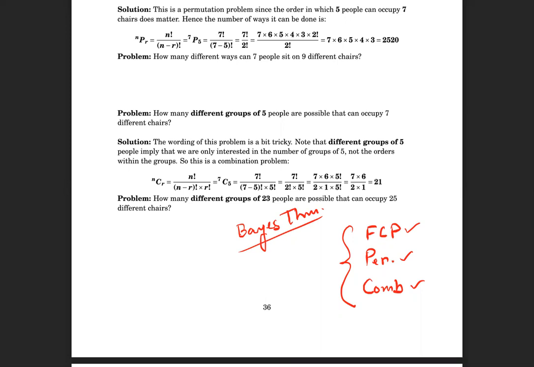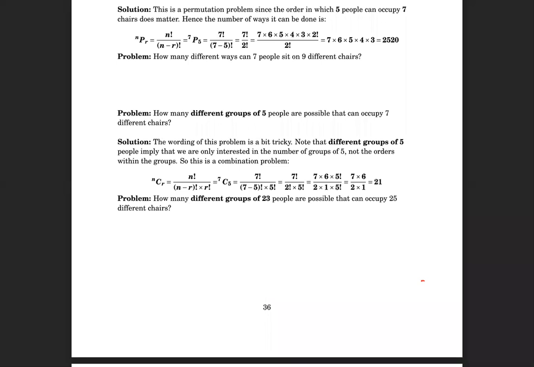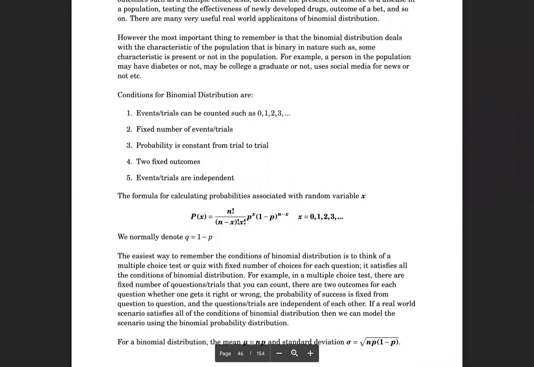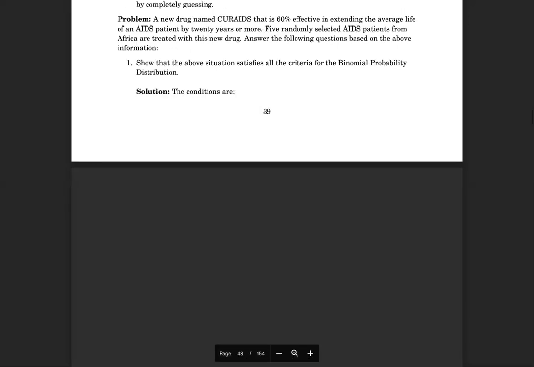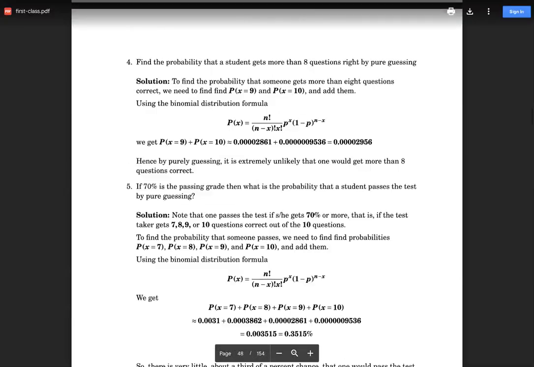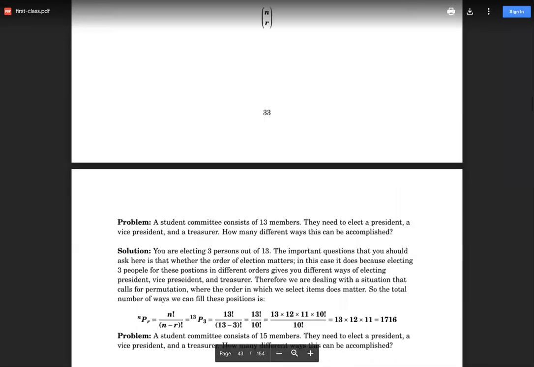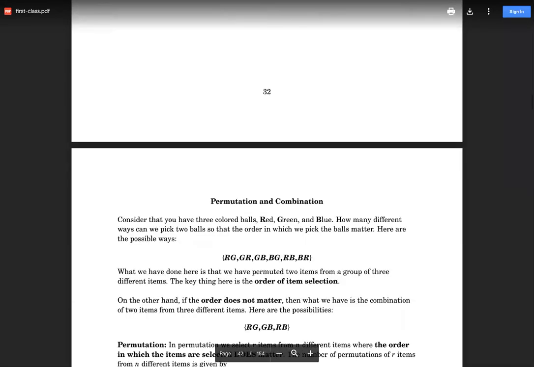There is only one topic I'm going to cover for the midterm in addition to what I have covered, and that is the binomial distribution, which I will be covering on Monday. I will probably cover binomial distribution as well as some other stuff, maybe Poisson distribution if time permits, but I will not ask you anything from Poisson distribution, just the binomial distribution. So look at the binomial distribution a little bit ahead of time.